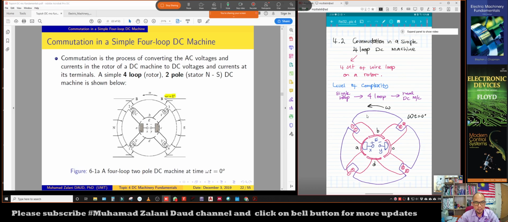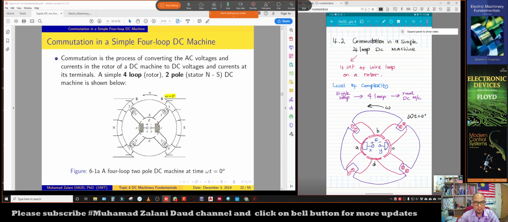For example, 1 prime enters the slot, is looped for some number of turns, and then exits at 1. That is the first wire loop.